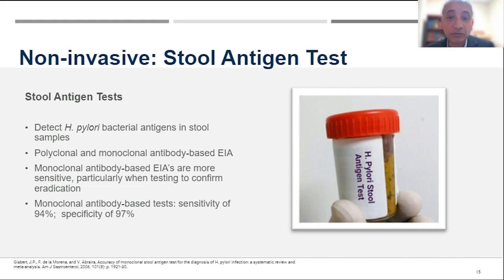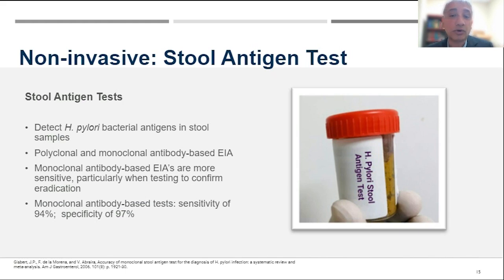While it performed well for the initial diagnosis of H. pylori, it was found that when polyclonal tests were used to confirm eradication after antibiotic treatment, the accuracy was not as high. This led to a migration of a lot of these tests to using monoclonal antibodies. And once monoclonal antibodies were used, the accuracy increased and it became a test that was quite accurate and could also be used to confirm eradication after testing.